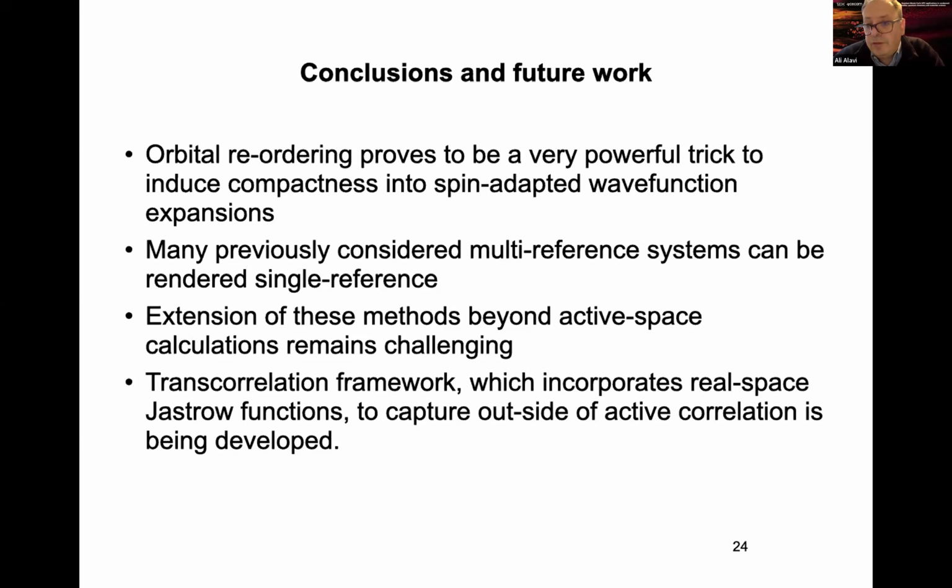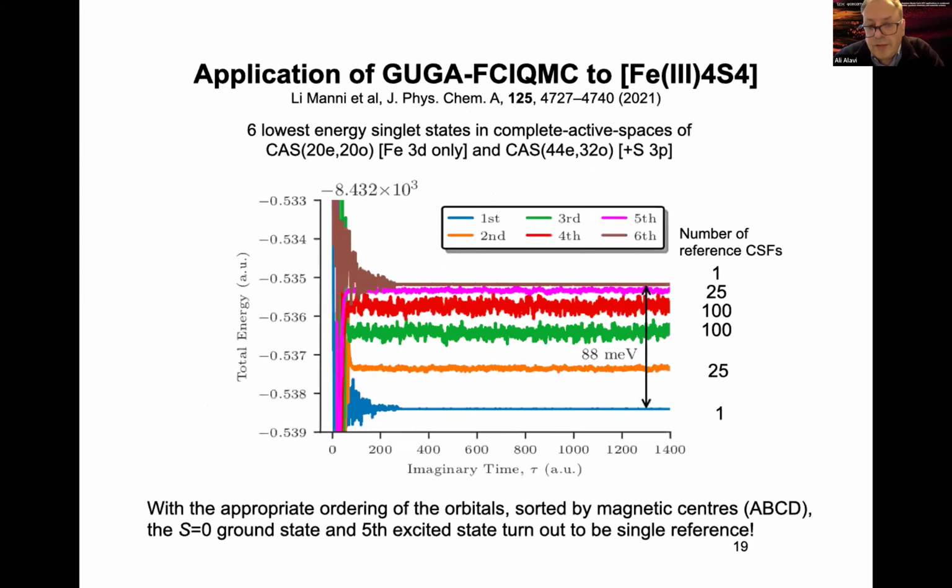Yeah, there are huge benefits. FCI QMC works best when the wave function is basically dominated by one CSF or one Slater determinant, or a few. But whenever you have wave functions where you have many leading terms, those are actually very problematic, even for FCI QMC.